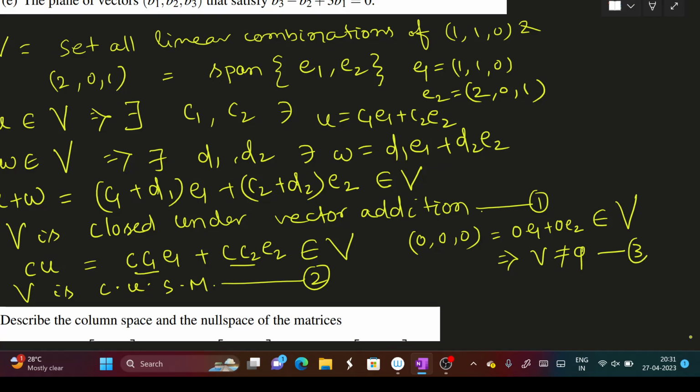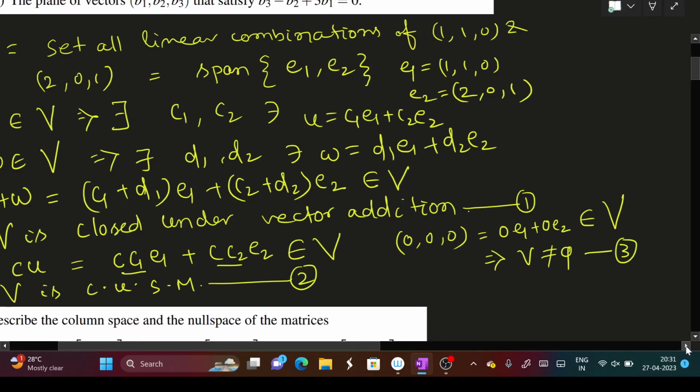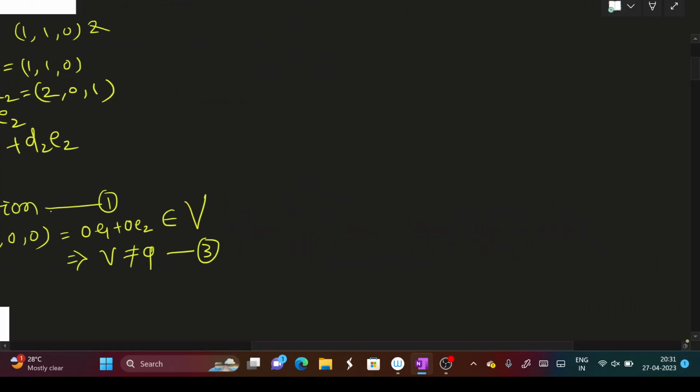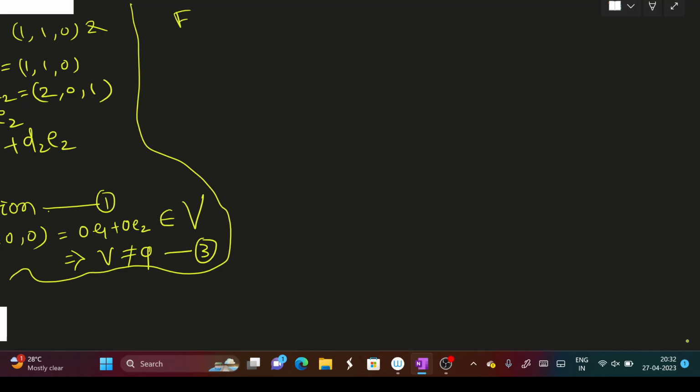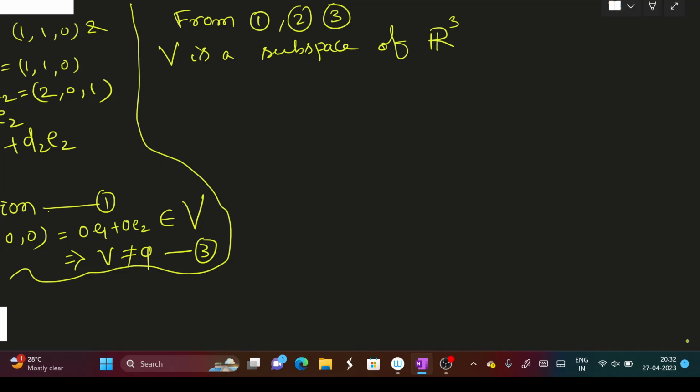It is property 3. So from 1 to 3, what did we get? V is non-empty, V is closed under vector addition, and V is closed under scalar multiplication. So V is a vector subspace of R cube. Okay, so this is our question D.